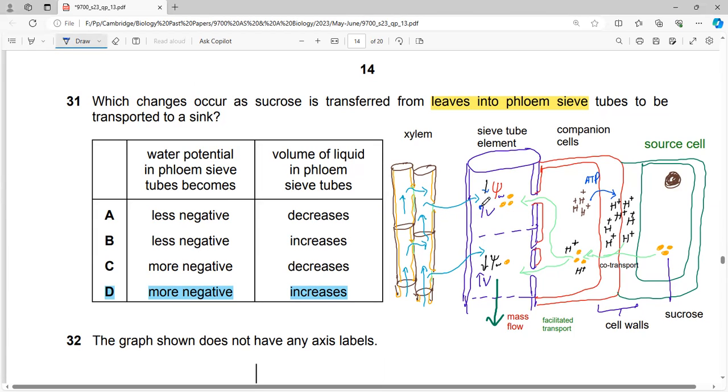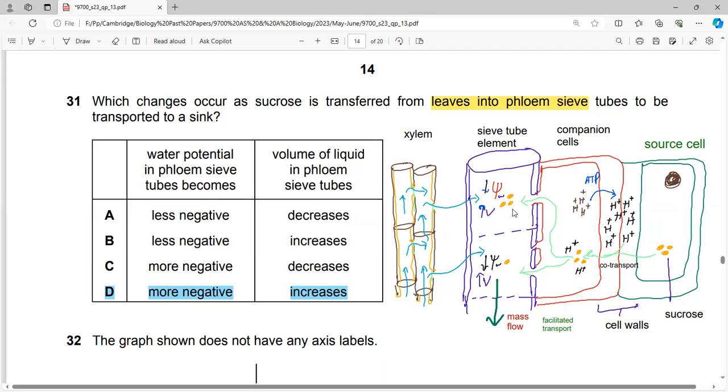I'm trying to draw that the volume is increasing here. So when loading takes place, water potential will decrease, meaning it becomes more negative, and the volume will increase, because the water comes from the xylem to the sieve tube element.